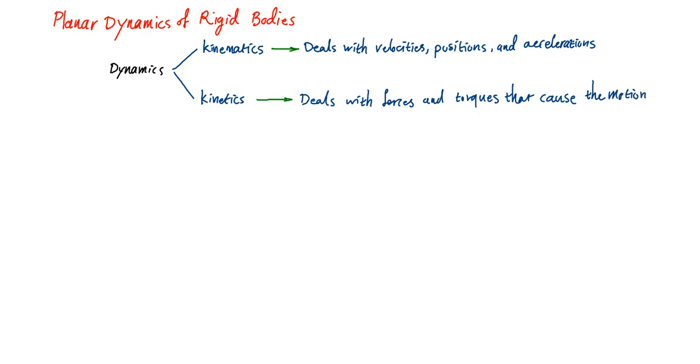Now, as I said, we're going to follow the same classification that we used when we were talking about kinematics of rigid bodies. So I'll write it this way: we classify the rigid body motion into three categories.